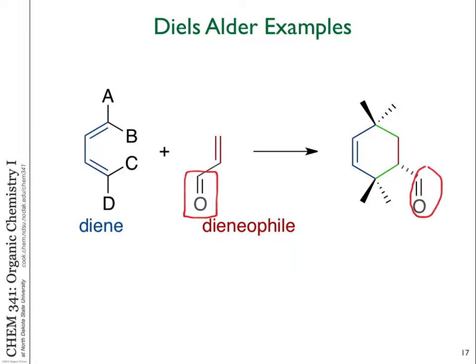Notice the orientation of things that I've labeled A, B, C, D. The A and B have to be on the top here. One of those has to be A, one B, and down here one C and one D. Which group goes where and why? One thing I should mention, notice in here I just have simply hydrogens, but there could be substituents there too.